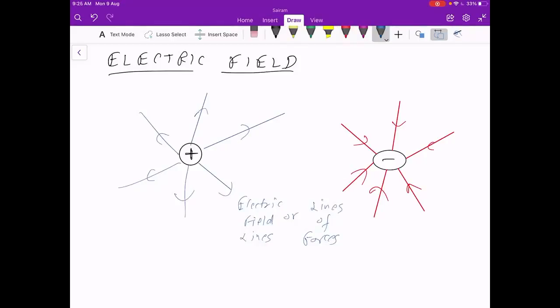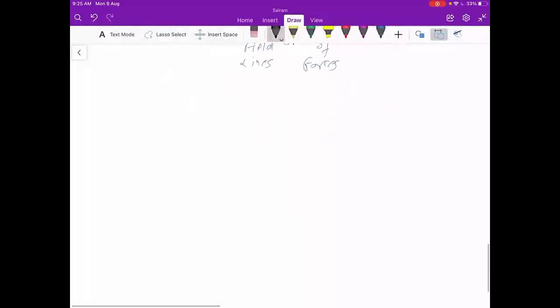So that's what you have. If you have two positive charges, then the field lines will be repelled by each other.